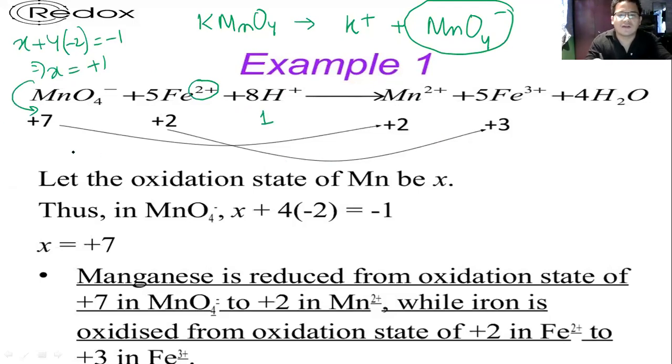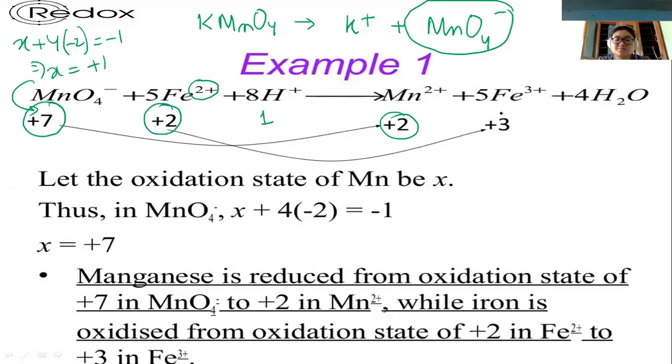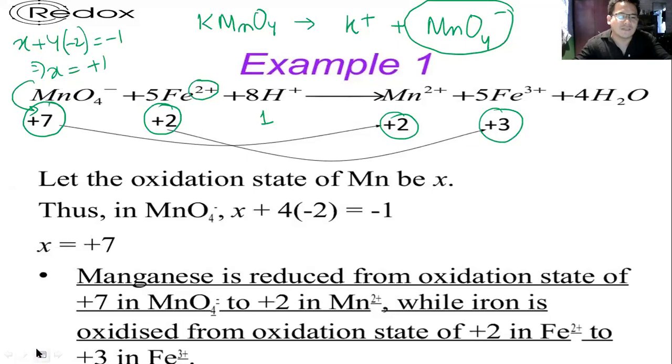After calculating, let us see which species undergoes oxidation. For manganese, in the product, is the change in oxidation state an increase or a decrease? Decrease. Which species is undergoing oxidation and which is undergoing reduction?